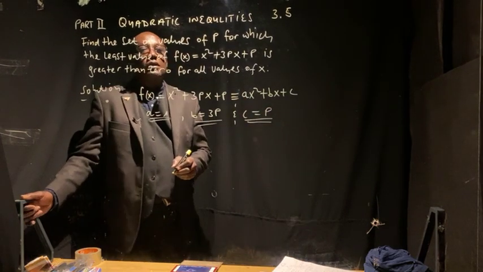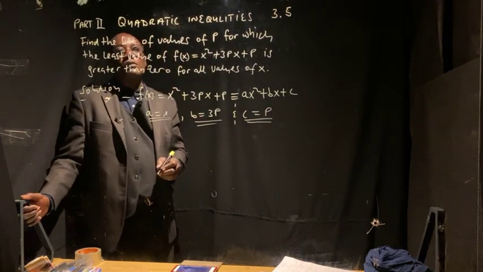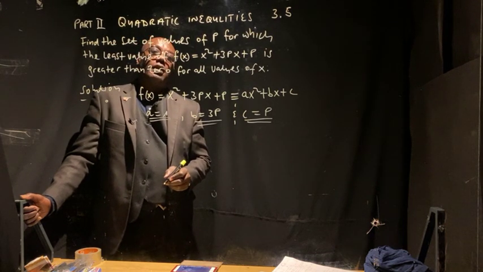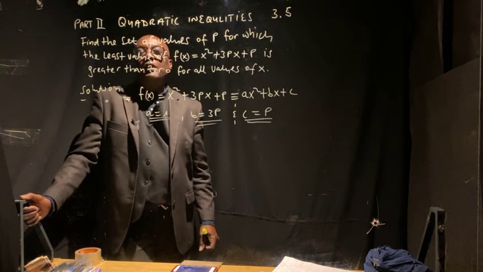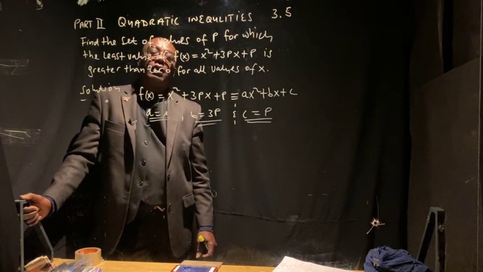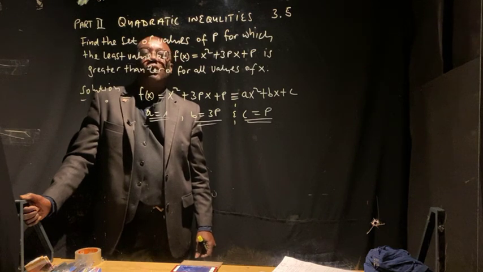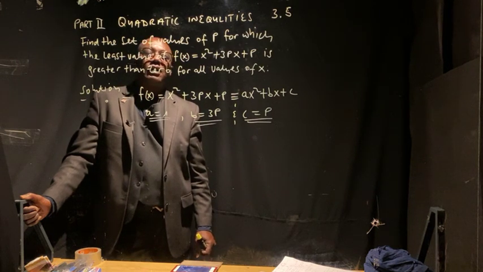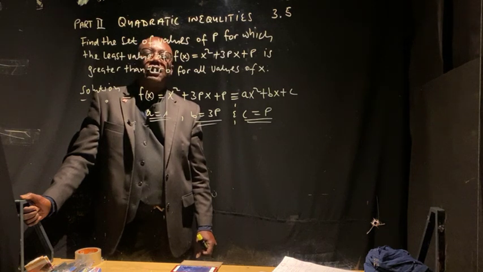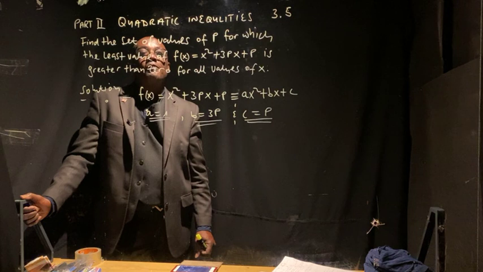The question is, what is the least value of f of x? In our previous tutorial on quadratic equations, we derived many formulas, and it was an extensive and very beautiful topic that we dwelt upon.